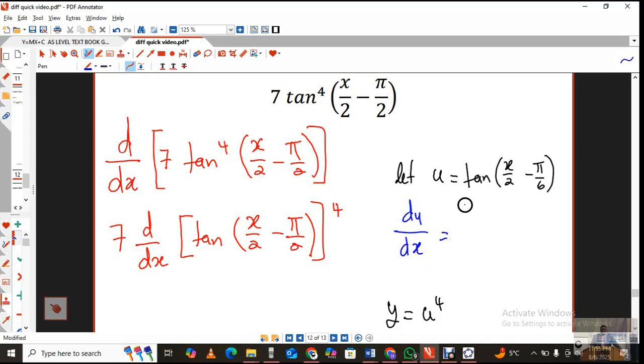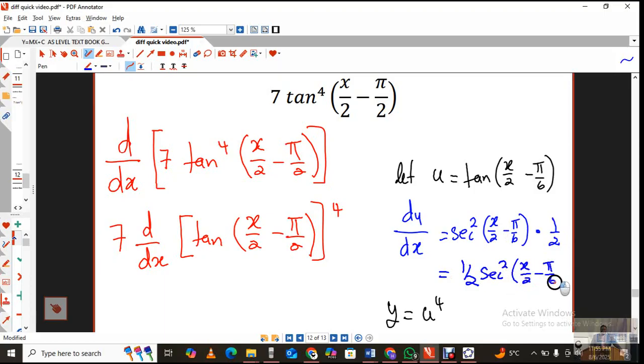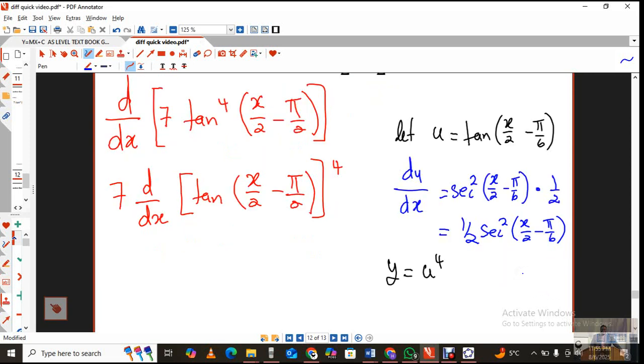The tan was nothing but sec square of the stuff, x over 2 minus pi over 6, multiplied by the derivative of the stuff inside, which is just a half. So at the end of the day, I have a half sec square x over 2 minus pi over 6. That's the du dx.